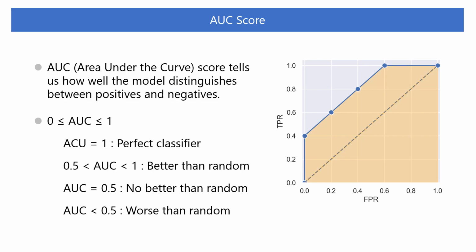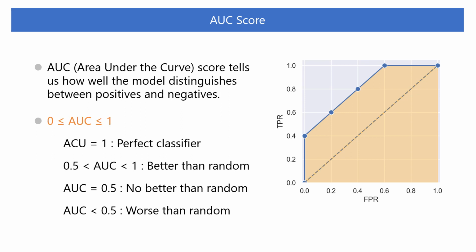As a quantitative performance measure, the AUC score tells us how well the model distinguishes between positive and negative classes. AUC is an abbreviation of area under the curve. AUC score can be computed as the entire two-dimensional area underneath the ROC curve.